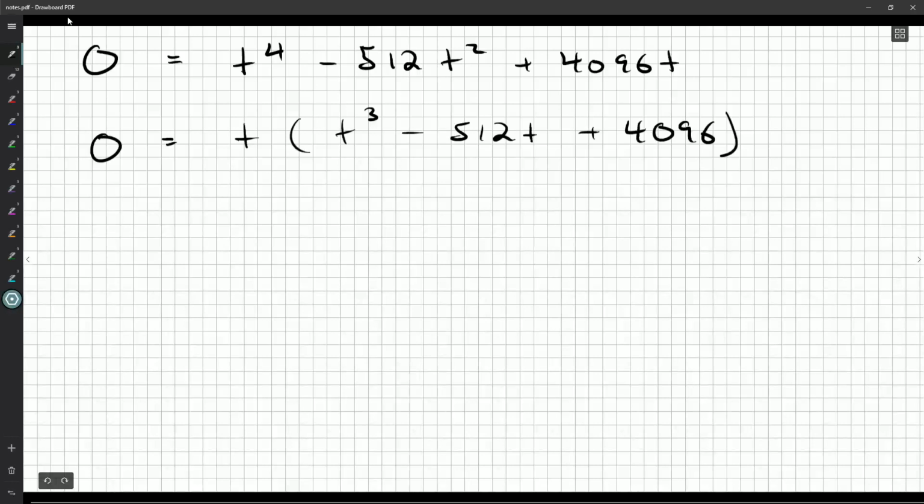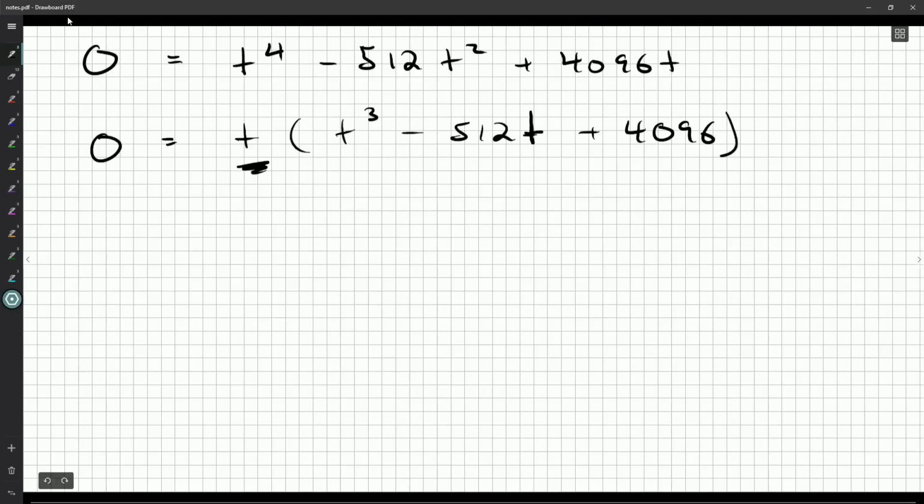I'm left with a cubic, and I don't like having to try and solve cubics. It makes me uncomfortable, because I don't have the cubic formula memorized. But this would mean that t equals 0, but we already said that that doesn't work. Okay, you can't have t equals 0, otherwise your first term is going to be 0 and it wouldn't be positive.